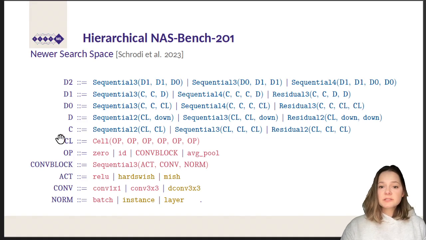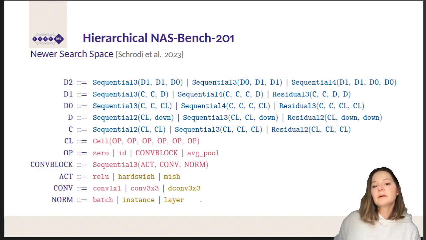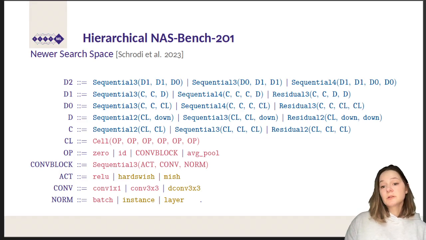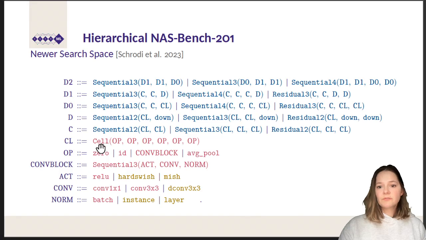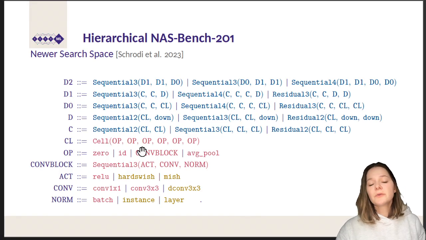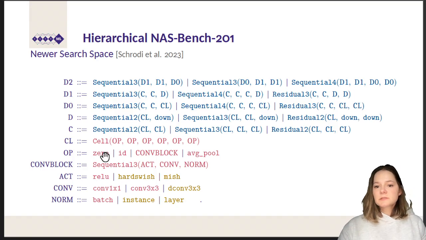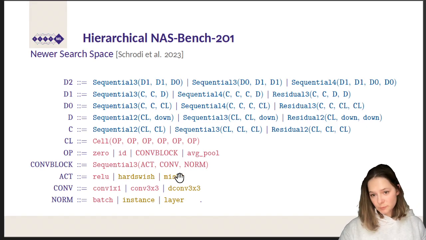The parts CL and OP, capital CL and capital OP, are also non-terminals, and these are from the original NASBench 201 paper. With the decision of here we have our cell, here we have our operations, where the operations can then again be some zero, a skip connection, a pooling, or the convolution block, again for the question which convolution blocks we actually want to use.